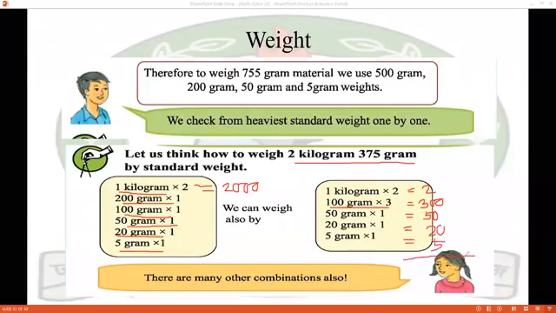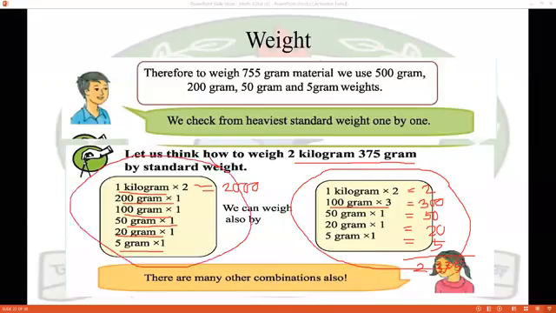In this way we find 2 kilogram 375 gram. We choose the standard weights in this way and alternatives in this way. There are many other combinations also, you can choose them.